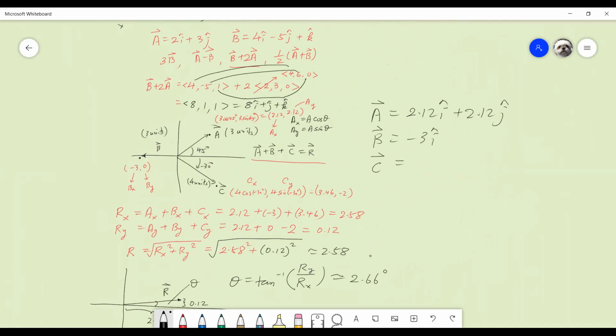What is the C value? 3.46. And then what is R equal to? You add them up together. Well, it will be 2.58, right? It will be the same thing.